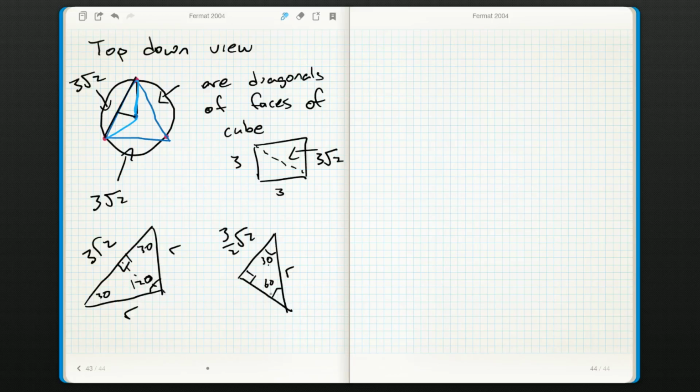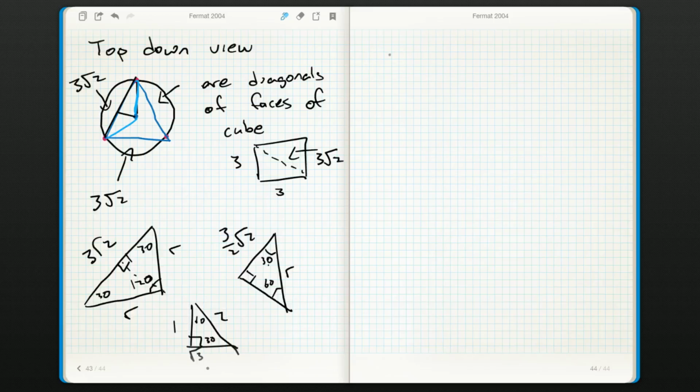But now we have a 30, 60, 90 triangle. And so 30, 60, 90 triangles always look like 1 to root 3 to 2. Those are always the ratios of the sides. This is a useful thing to know. So opposite the 60, we have 3 halves root 2.